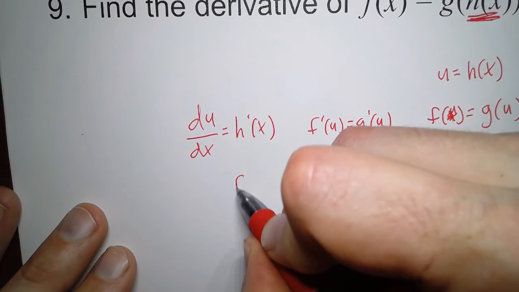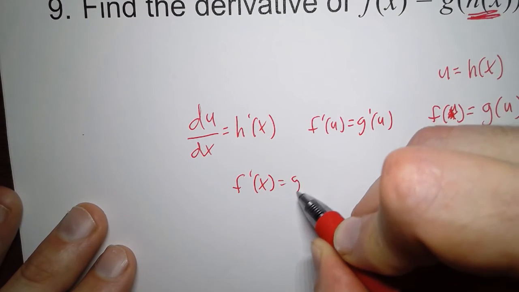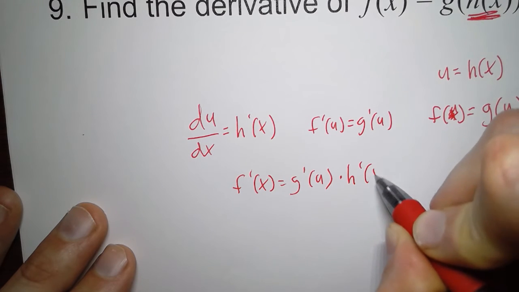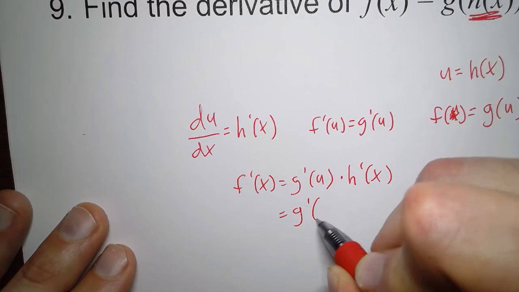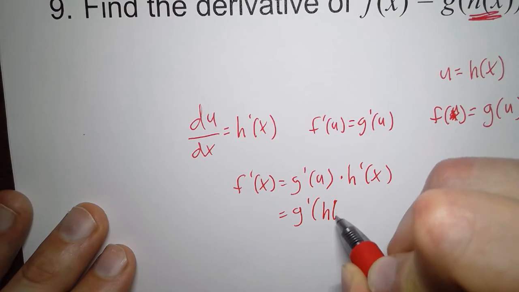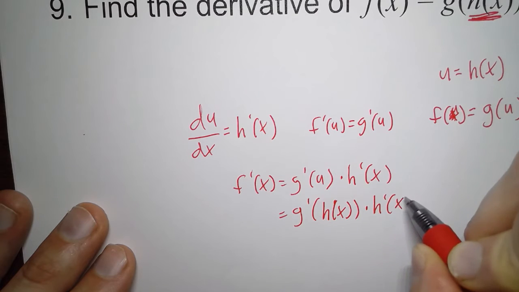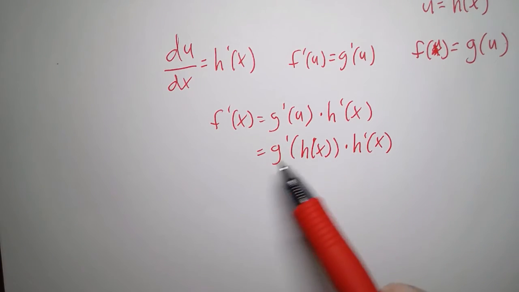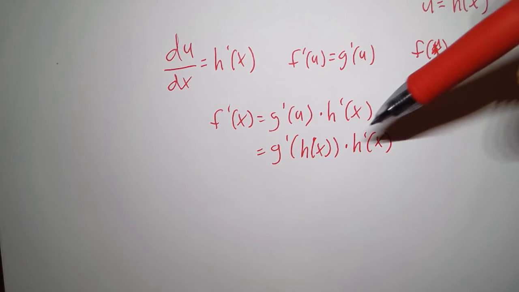So to get f prime of x, we're going to multiply g prime of u times h prime of x. And we replace the u, so that's h of x times h prime. And so this is the textbook definition of chain rule that you're going to find in most textbooks and online.